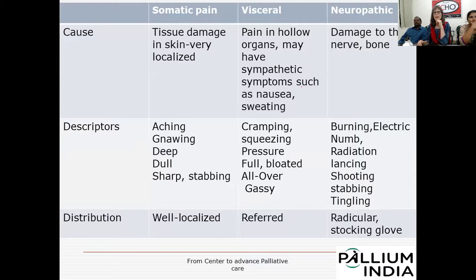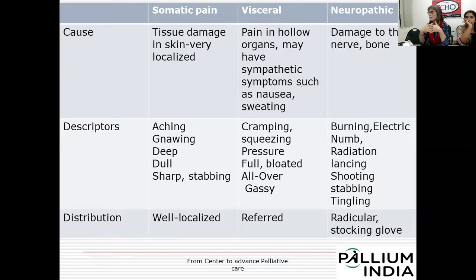And this is a different way of presenting the same information, which is that somatic pain is very localized. The descriptors are aching, gnawing, deep, dull, sharp, and stabbing. The visceral pain can also have some sympathetic discharge with it, such as nausea and sweating, and is usually described as squeezing and bloating, but is often referred to different sites.